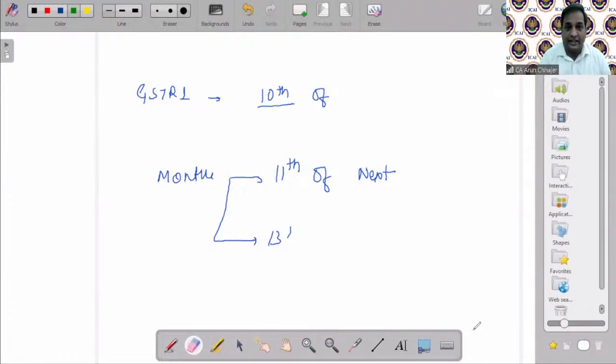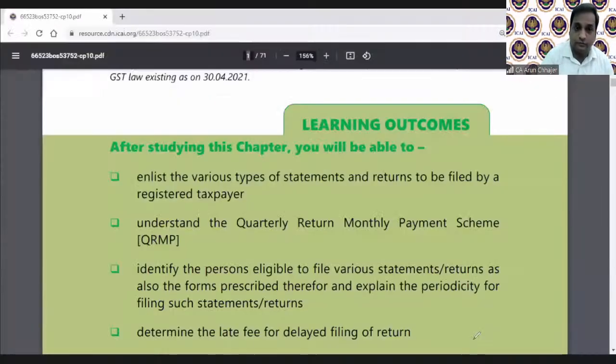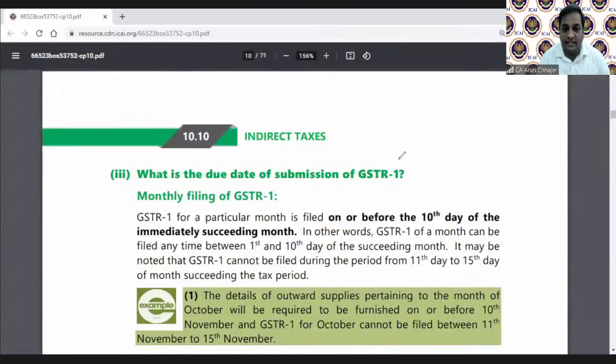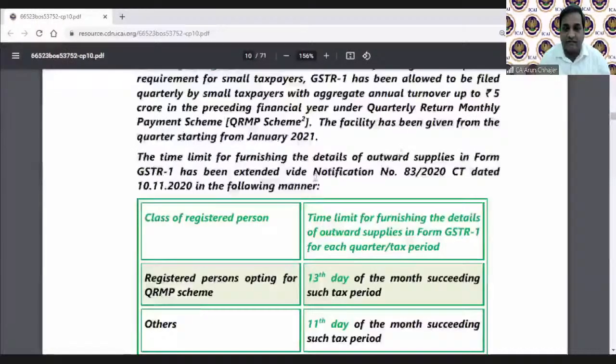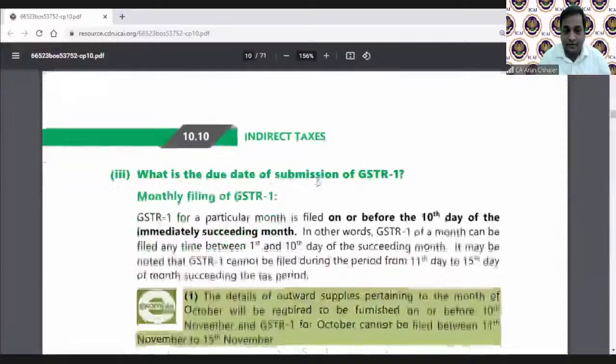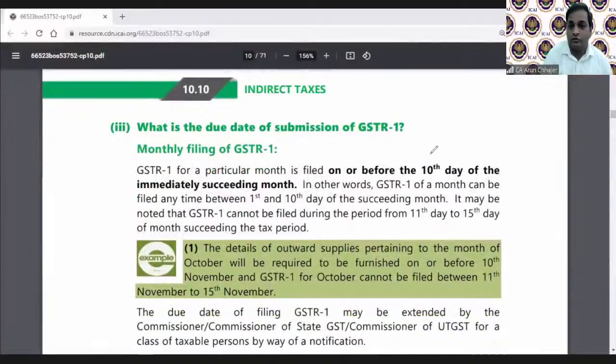Go to page number 10.10. What is the due date of GSTR1? As per the provision of GST law, it is on or before the 10th, but it can be extended by the commissioner, and the date has been extended.